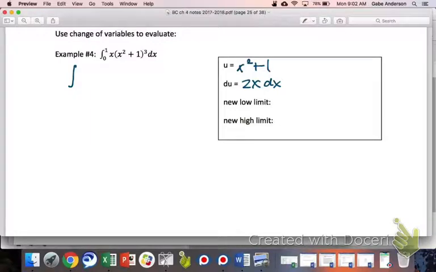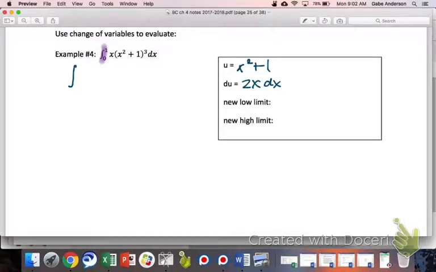The reason being, those two limits are x equals 0 to x equals 1. It's not anything equals 0 to anything equals 1. How do I know that? How do I know that those 0 and 1 are in terms of x? Why do I kind of have to assume that? Because it doesn't really say, does it? It could be y. If we're talking about 3-space, it could be z.